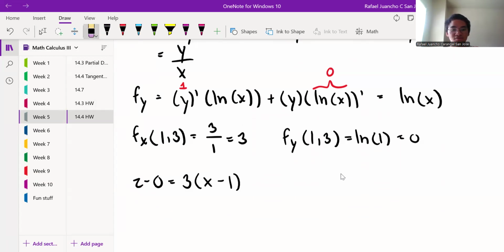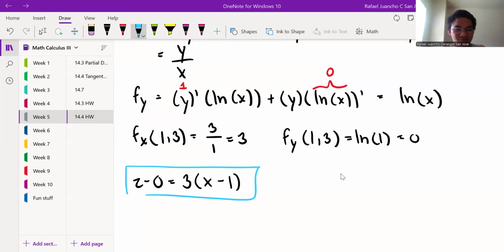We could even do z is equal to 3 times x minus 1. I'm going to write it out, though. Z equals 3x minus 1. So I could do it like that, and hit submit, see what happens. Got it. Okay.